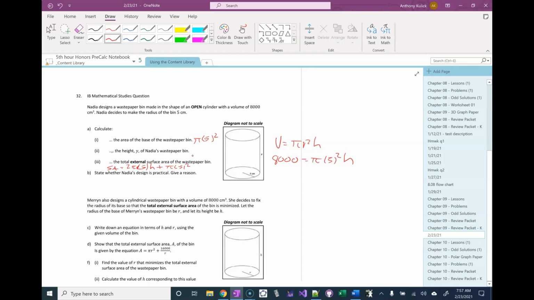Whether this design is practical or not, time to exit the book world and enter the real world. So 5 centimeters is about 2 inches. So the diameter of this waste paper bin is what, like this big? Does that feel very practical to you? No, for lots of reasons, right?